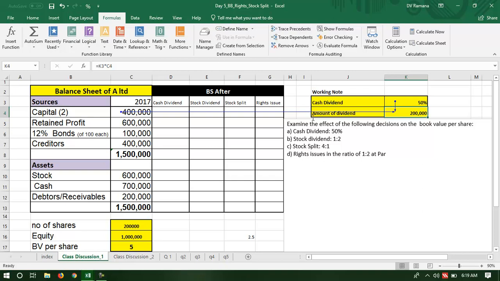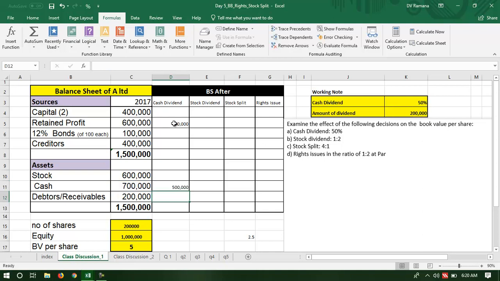So therefore, in this case, the dividend that the company will be distributing is 50%, that is, the amount is equal to 200,000. So when the company declares dividend, dividend is a distribution of accumulated profit. So the retained profit will reduce. And there is a payment of cash, so cash will reduce to the extent of 200,000.